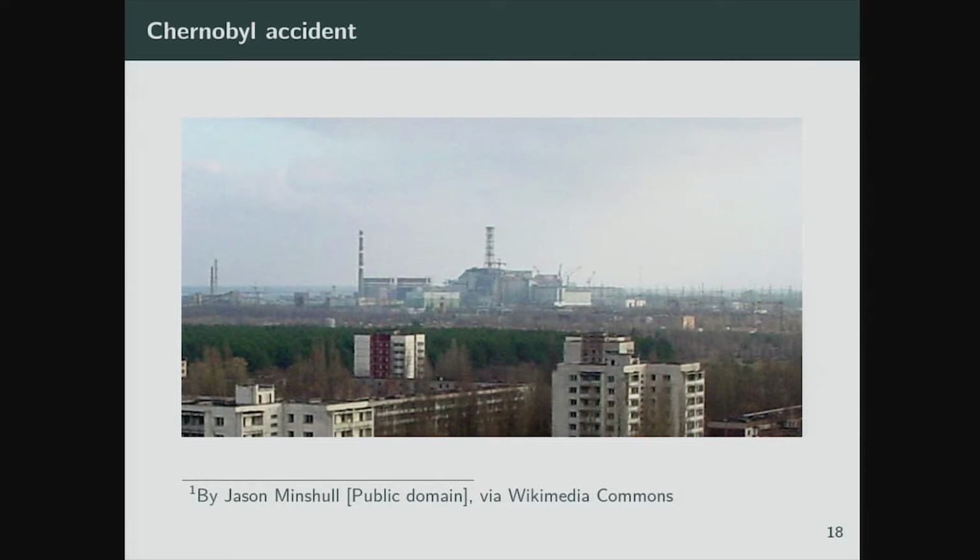Now, part of the problem that happened at Chernobyl was the reactor design was a little bit different to the one I showed at the start of the talk. It used water as both a moderator, which increased the reaction, and as a control element in the design as well, to slow the reaction in a sort of two-way thing.